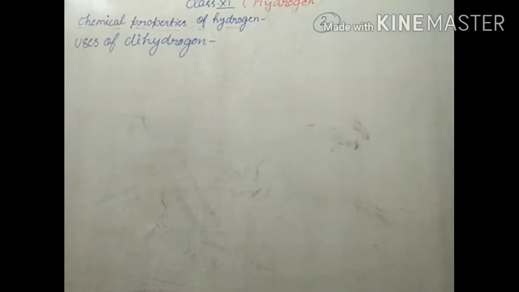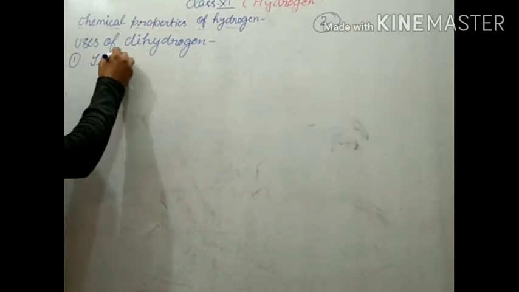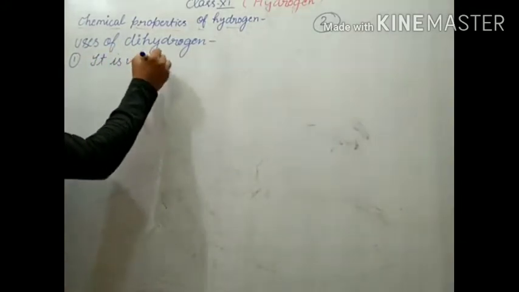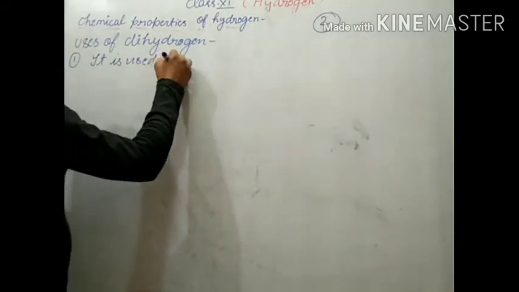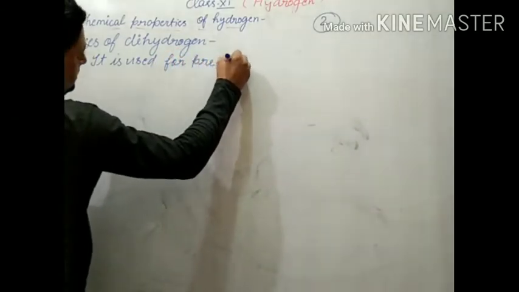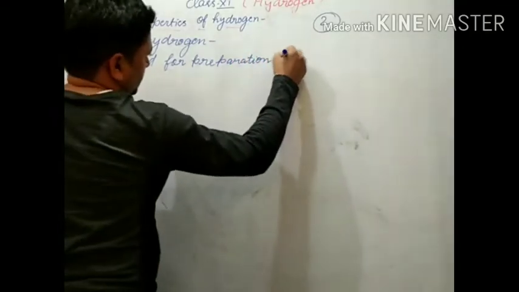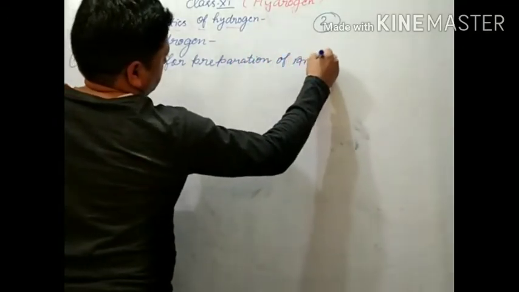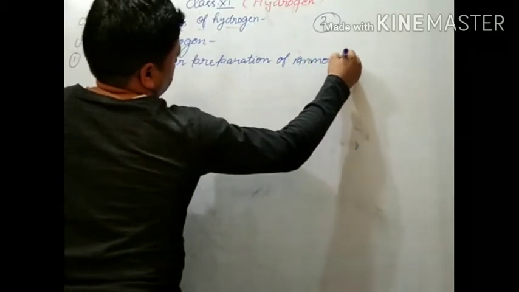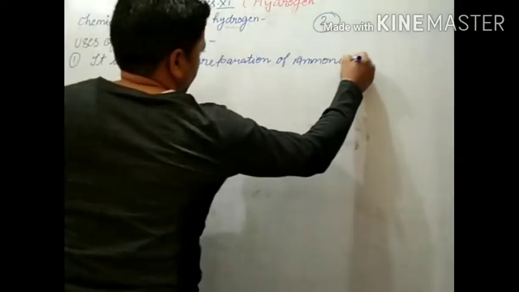So one by one we will write here. First, it is used for preparation of ammonia.